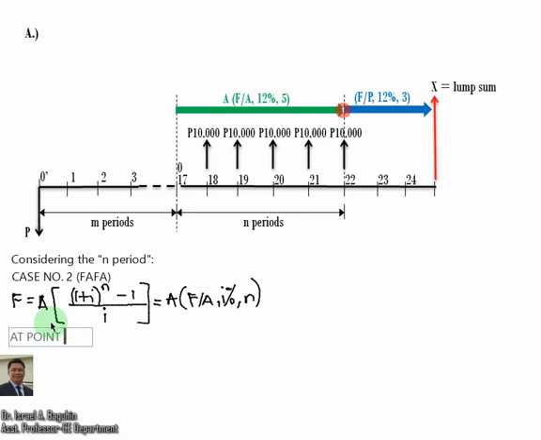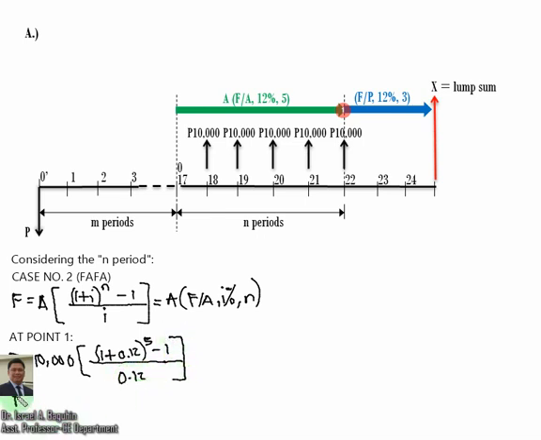So we can have this formula for case number 2, which is F1 equal to the annuity, which is 10,000, times 1 plus our i, which is 12%, 0.12, raised to our n, which is 5 years, minus 1, all over 0.12.